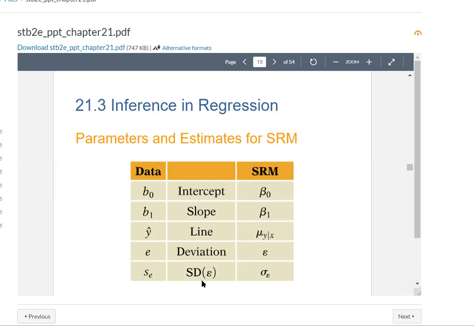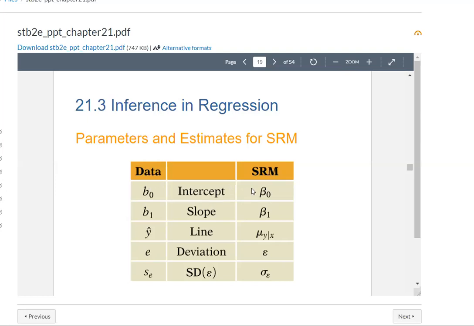So remember these, okay? Because when you go for an exam, some questions use different signs. The question will simply say, what is beta 0? They assume that you know what beta 0 means.